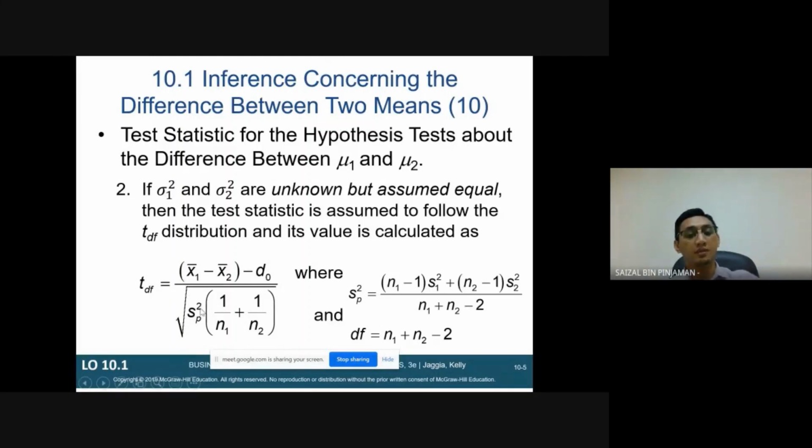Here we have the variance for the sample. This is the pooled variance based on the sample that we gathered.